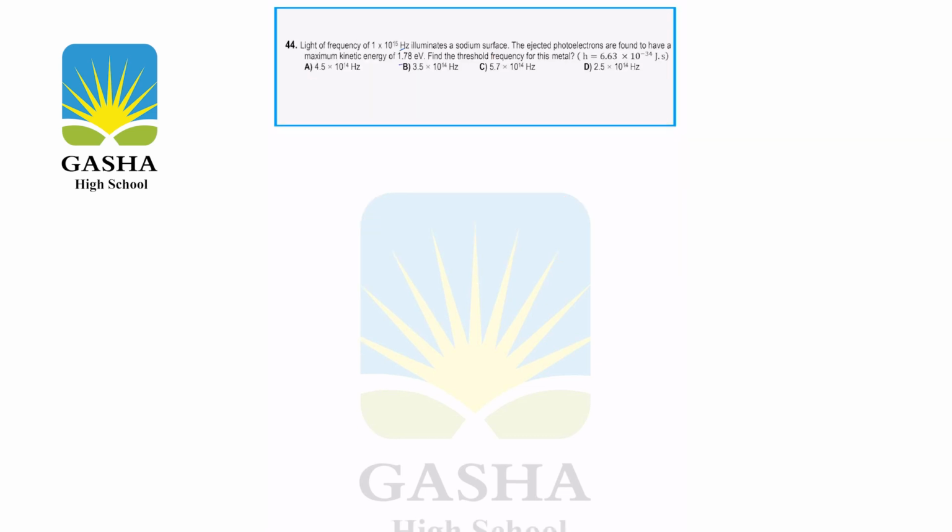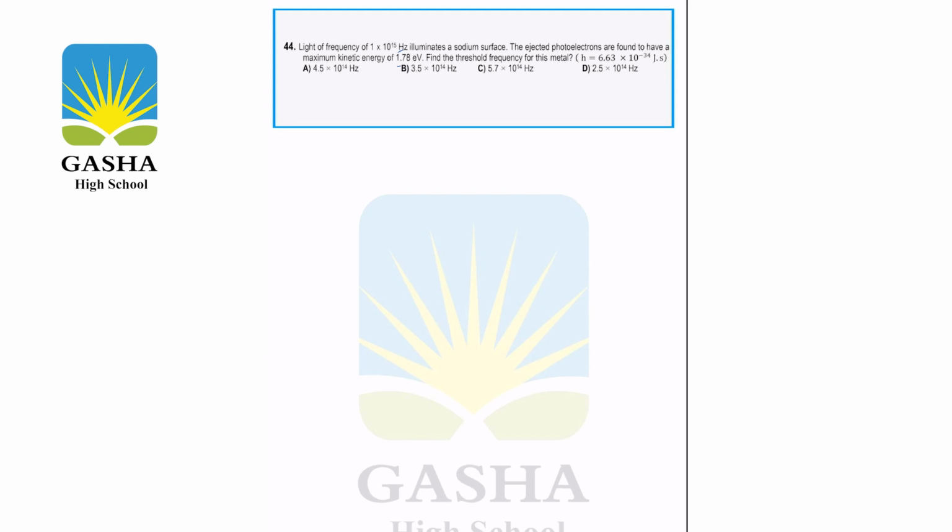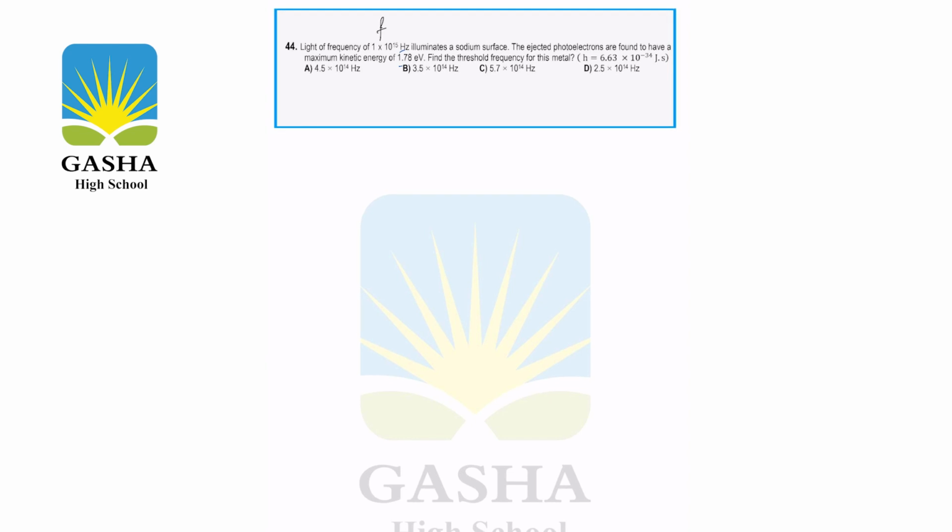Okay. Question 44. A light of frequency 1 times 10 to the power 15 hertz, that's the frequency of light, illuminates a sodium surface. The ejected photoelectrons are found to have a maximum kinetic energy of 1.78 electron volt. And remember, you have to convert it into joule.